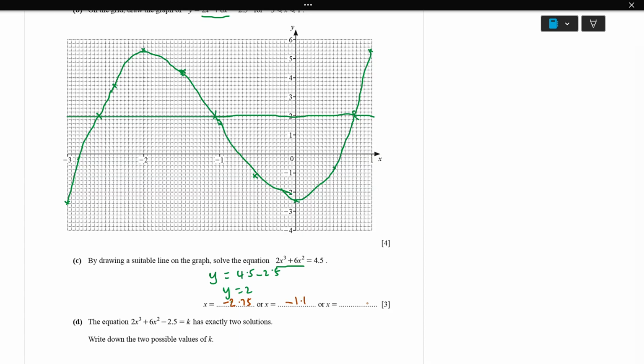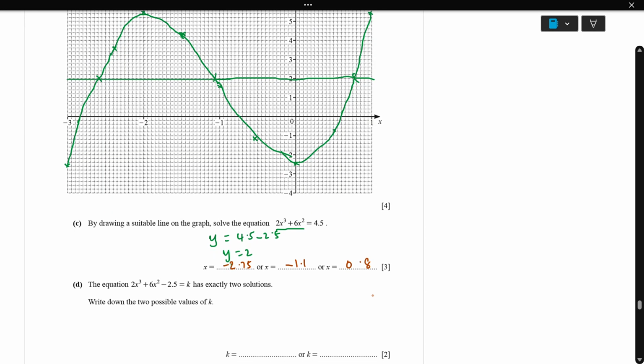Next, x is here, after 0.5, which is 0.7, so approximately 0.8. So all three x-axis values we need to find. That's the solution when you draw the line y equals 2.